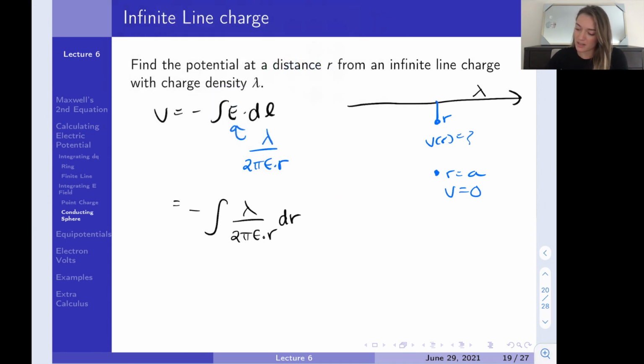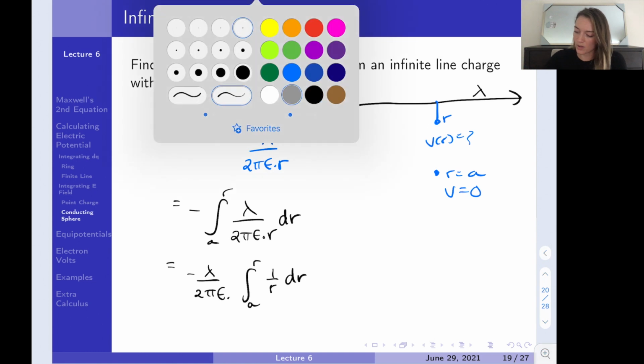So let's just choose it at some random point a. Let's integrate from our random reference point a to the point where we want to measure the potential. And let's bring out our constants. We're going to see why we had to do this in a second. Now we're left with the integral from a to r of 1 over r dr. What is the integral of 1 over r dr?